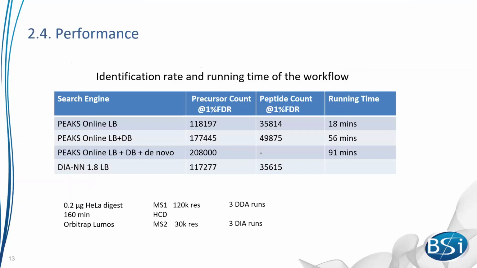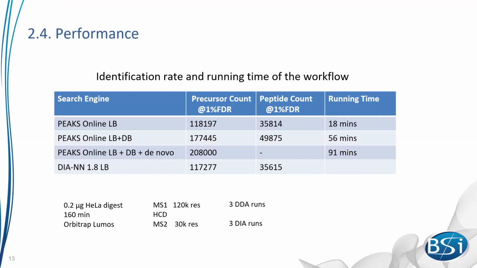You can see, given the data set, which is a HeLa digest around 160 minutes on the Lumos, and we have 3 DDA runs to generate libraries and 3 DIA runs. With the DIA data, we only need 18 minutes to finish the spectral library search, from loading data to the result.